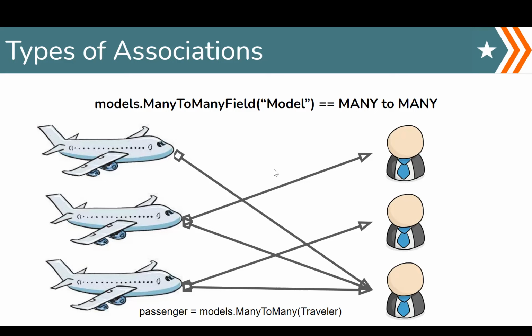Because, for example, you could have two passengers that have the same name, the same age, the same passport number, a whole bunch of things. But the only way we know that they're two different people is because they have a different primary key or a different ID in the table. So that's why by default, SQL and Django will use the ID as the connector between the two different tables.